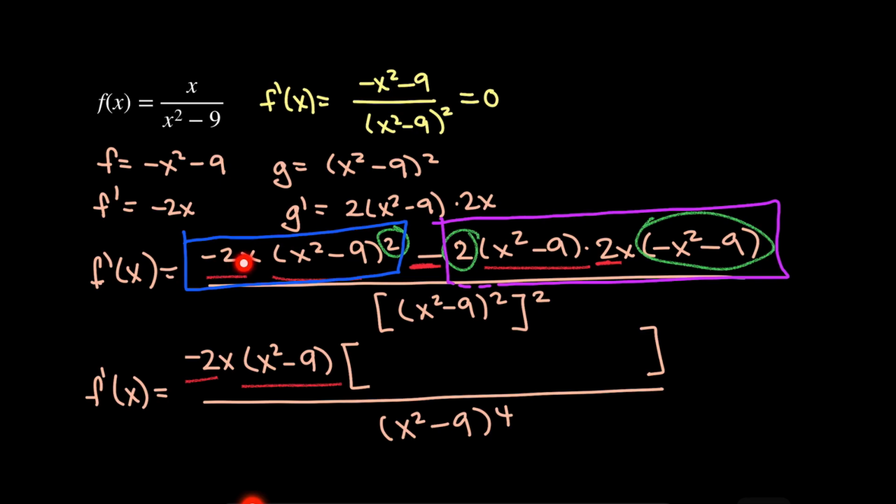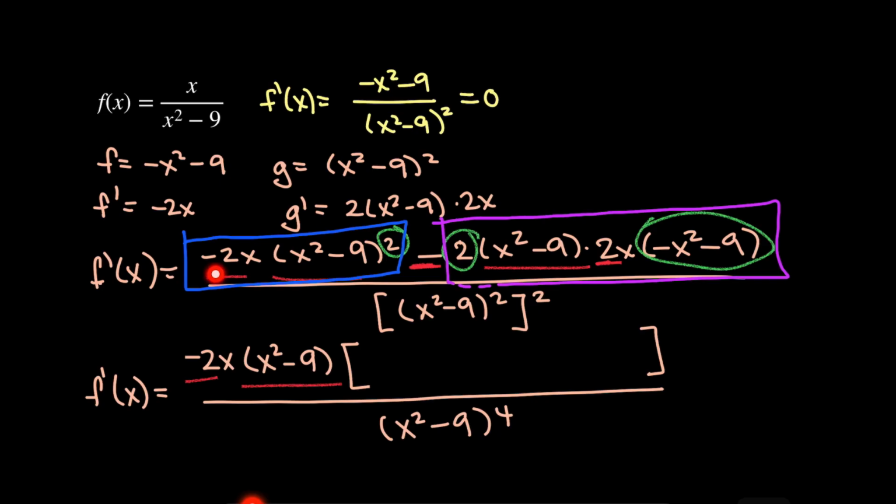They both have a -2x. So I'm going to take a -2x out of both of these. And they both also have a factor of x squared minus 9. So I'm going to take -2x, x squared minus 9 out of both of these terms.